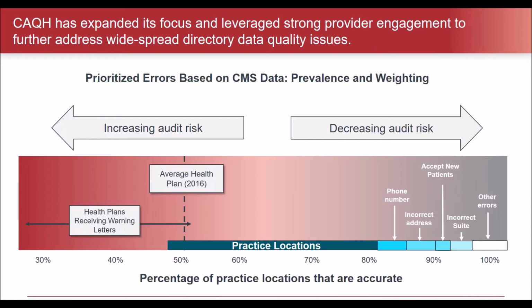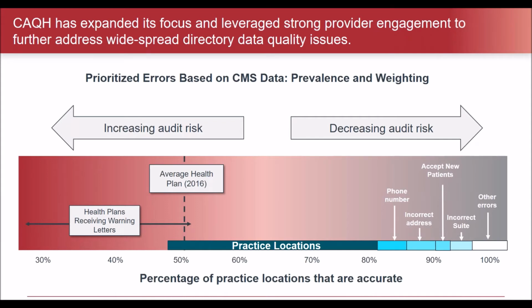So this next visual here is kind of a restructuring of the data that CMS reported. But the average health plan, as mentioned before, is around 50% inaccurate. The below average plans are getting warning letters from CMS. The bottom axis here is the accuracy of health plans' directories, just to remind.